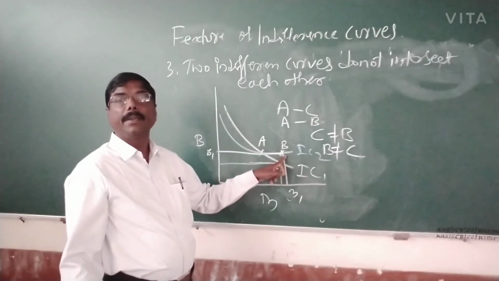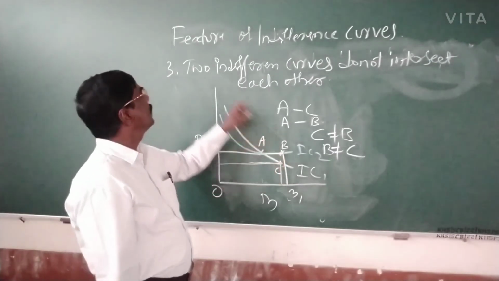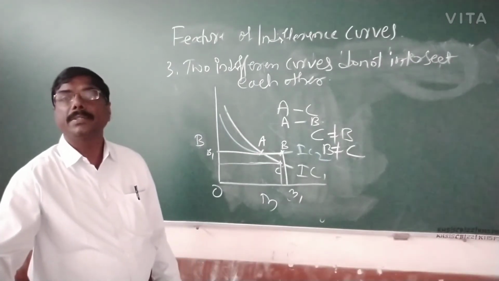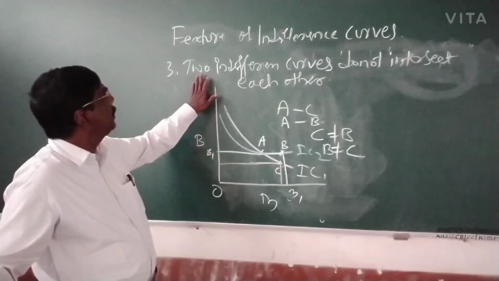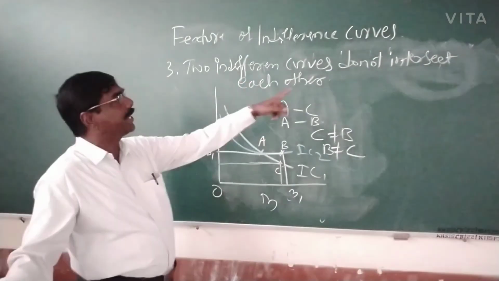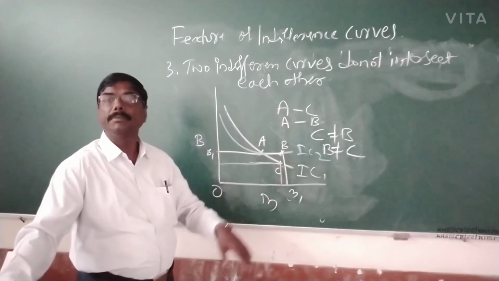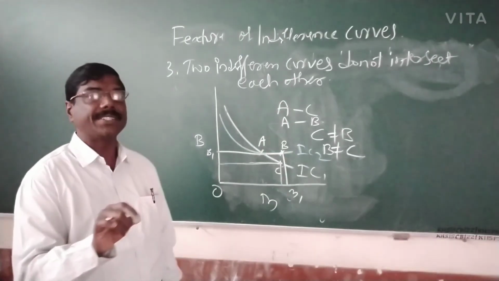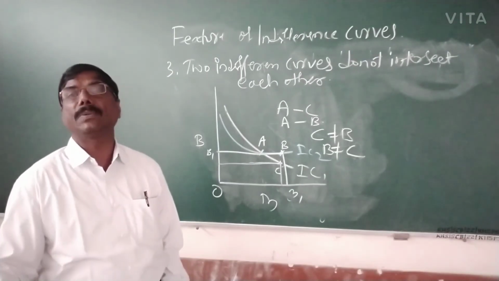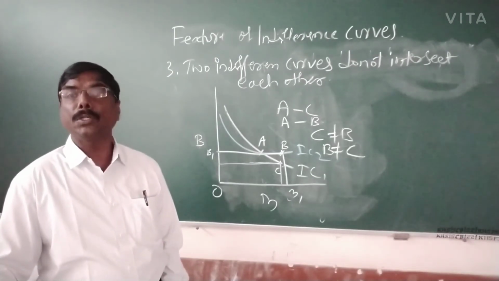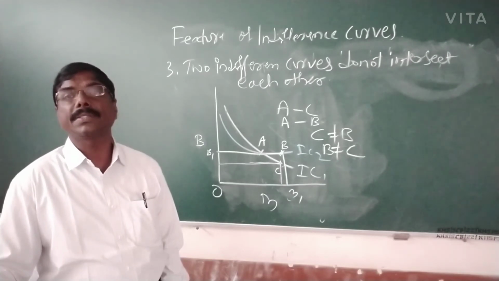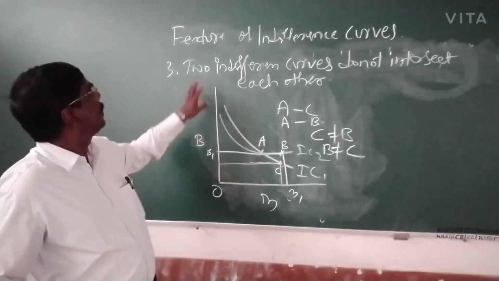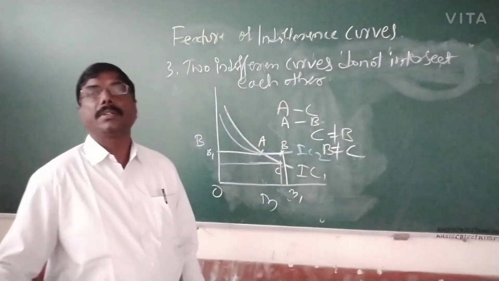Therefore, two indifference curves cannot intersect each other, because the combinations lying on two indifference curves cannot give equal satisfaction to the consumer. These are the three features of indifference curves.